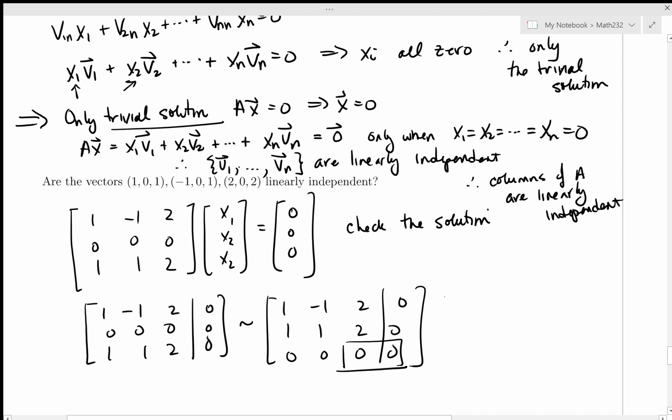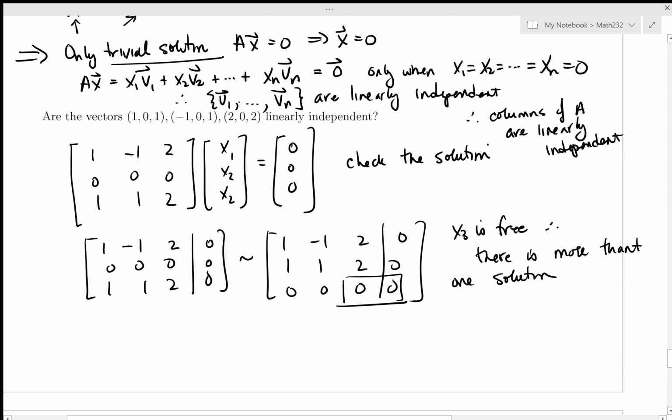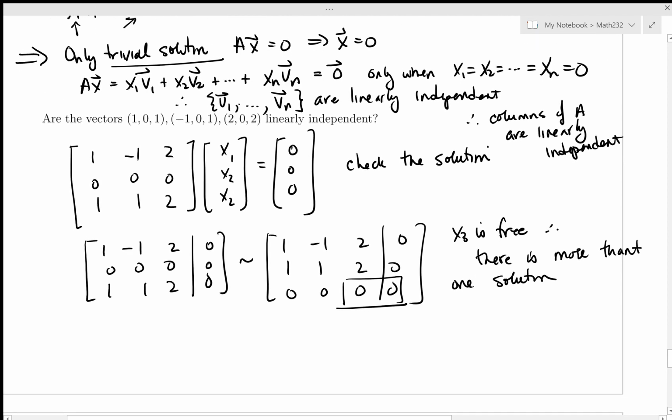That I have a free variable. So I see that here x3 is free. Therefore, there is more than one solution. So it's not just the trivial solution. So then I'm done. Therefore, they're linearly dependent.